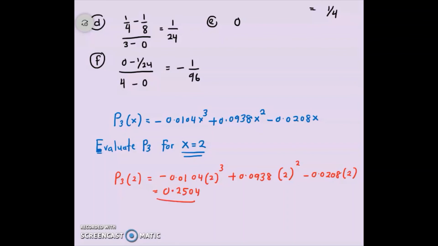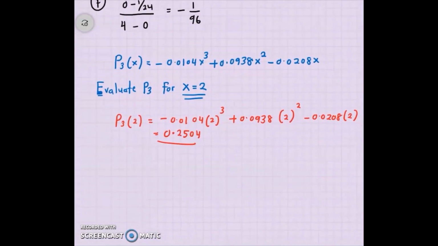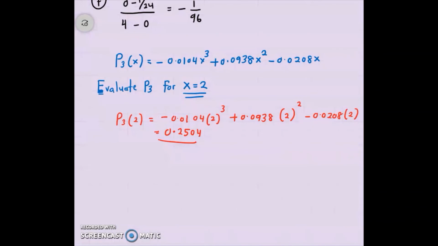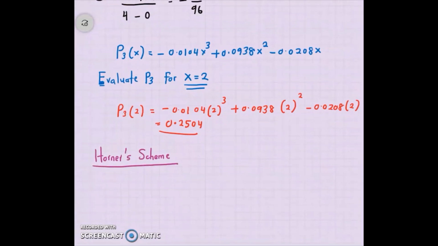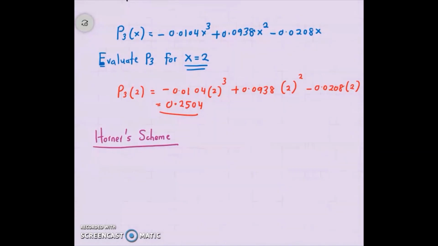Okay, but if you have also learned another way to evaluate this, it is by using the Horner scheme. Okay, Horner scheme is very convenient to evaluate the polynomial for the given x value. So I can show this quickly here.